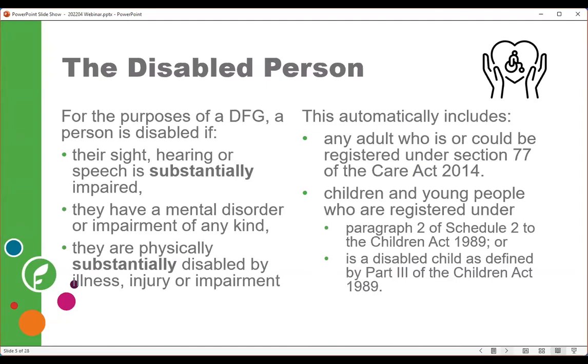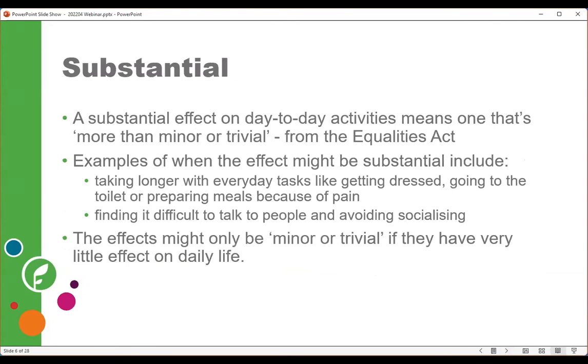And the Act includes some specific references to Section 77 of the Care Act and to parts of the Children Act for children who are disabled. So that's the legal aspect to it.